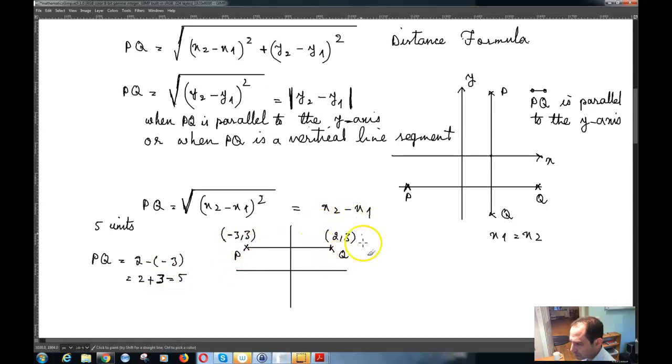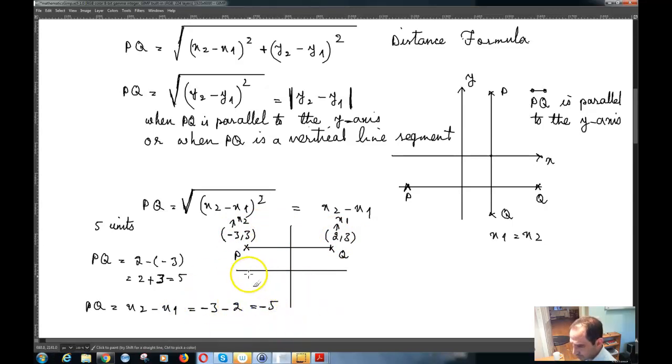But if I take this over here as x1 and this over here as x2, then x2 minus x1 is going to be negative 3 minus 2, which is equal to negative 5.